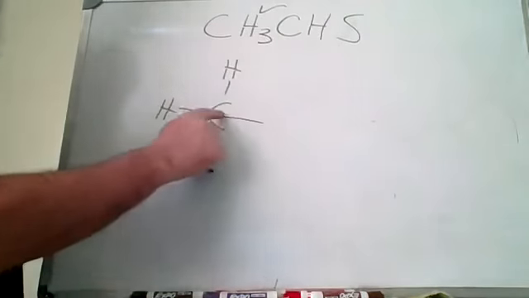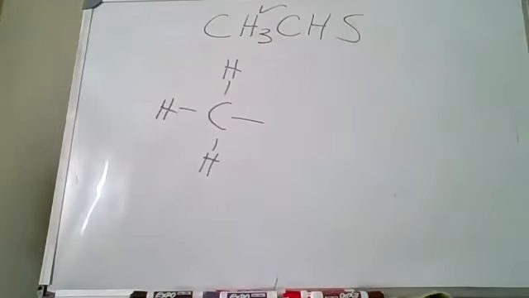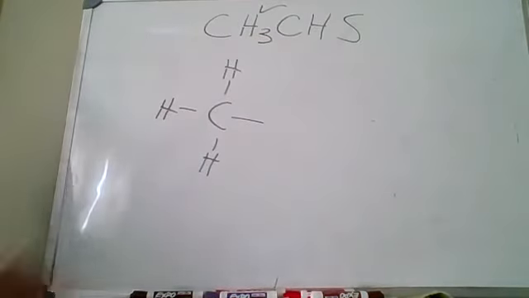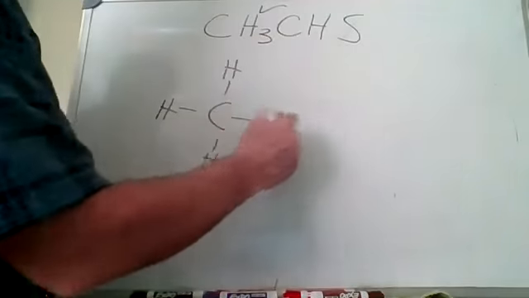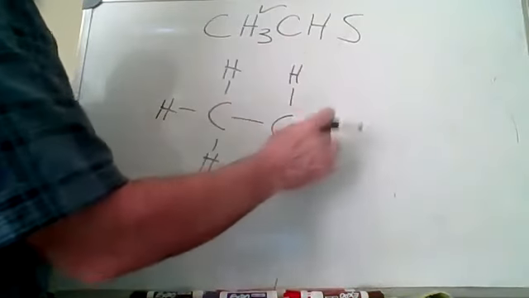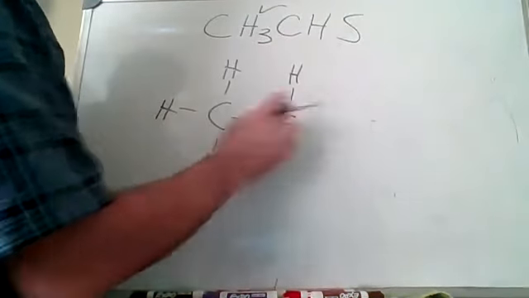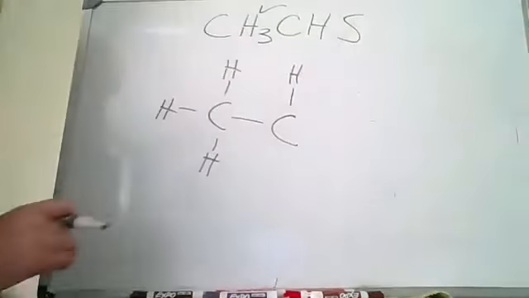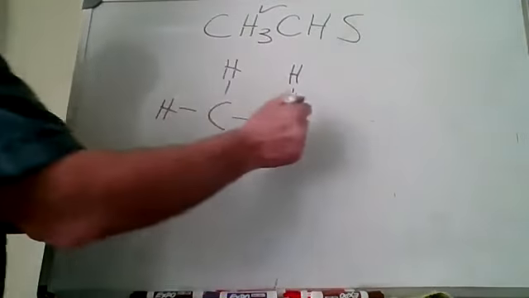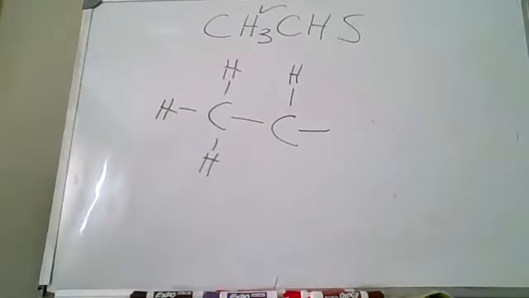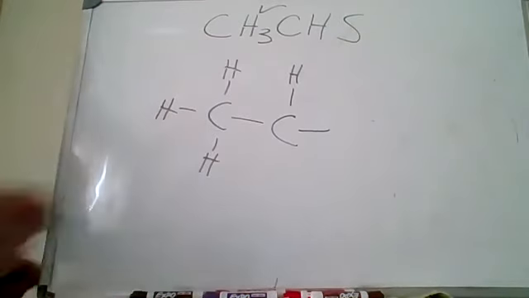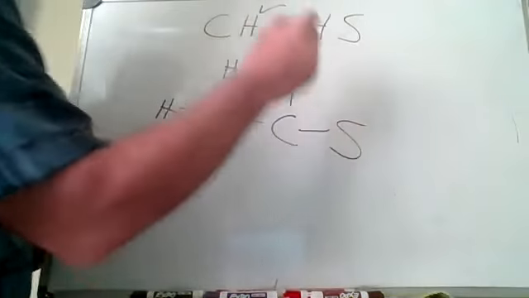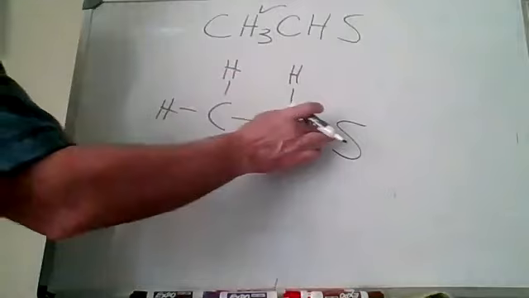Then we have the open-ended bond to grow the chain. Then I'm going to put a carbon with a hydrogen. Now, notice I don't put the hydrogen there because we want to grow the chain across the paper. So I'm going to put an open-ended bond there, and then we're going to have a sulfur.